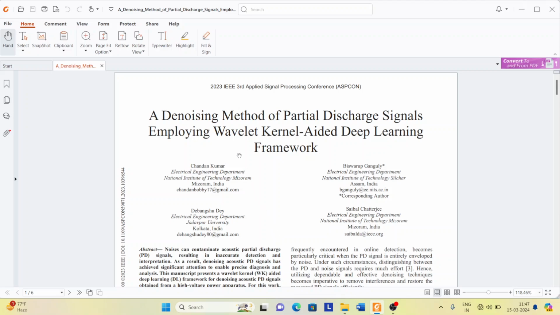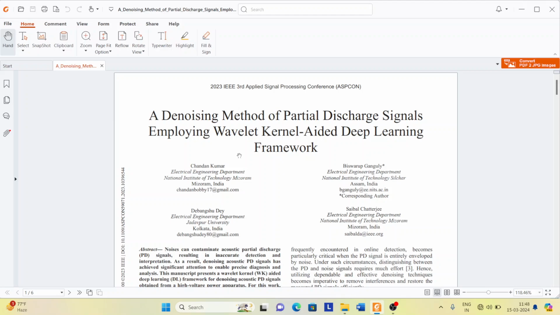So, first one, in the introduction part, I have written about the overview of partial discharge signals and their importance in the electrical insulation system.